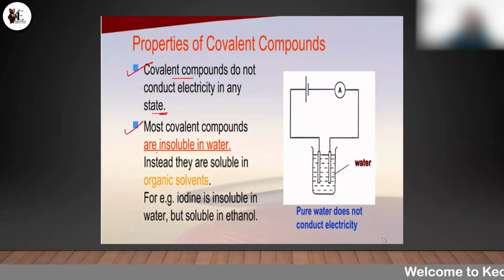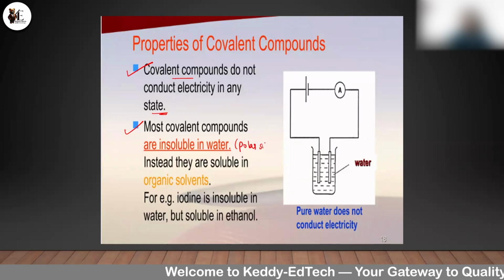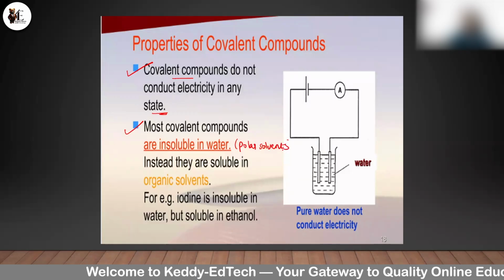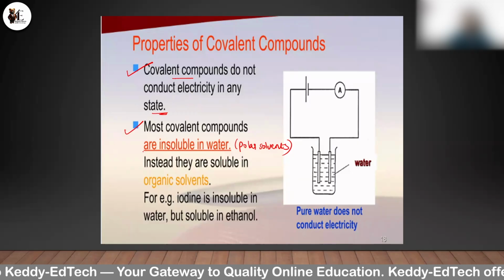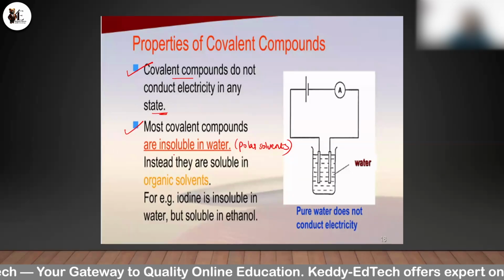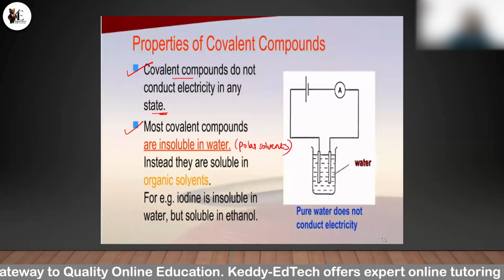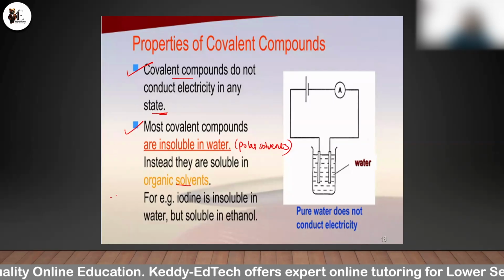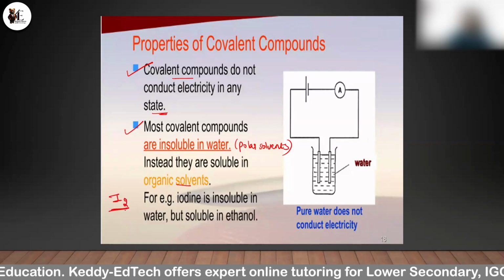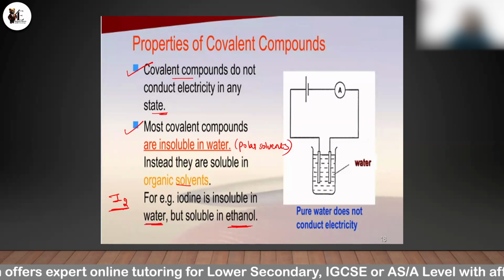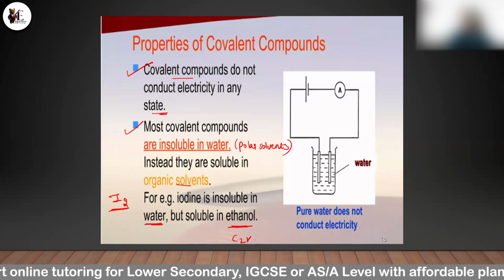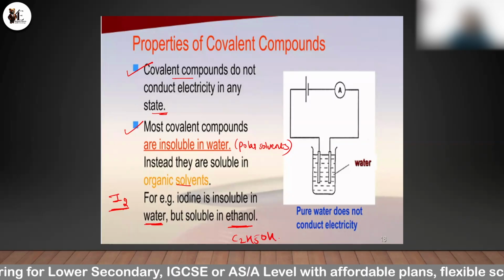The third point says that most covalent compounds are insoluble in water. That means they are insoluble in polar solvents. From ionic compounds, we have read that ionic compounds are soluble in water and not soluble in organic solvents. So here the opposite happens: covalent compounds are insoluble in water and soluble in organic solvents. For example, iodine is a covalent compound, so it is insoluble in water and soluble in an organic solvent like ethanol, C2H5OH.